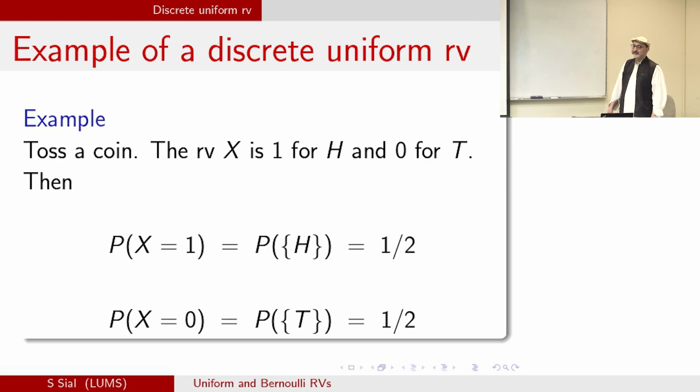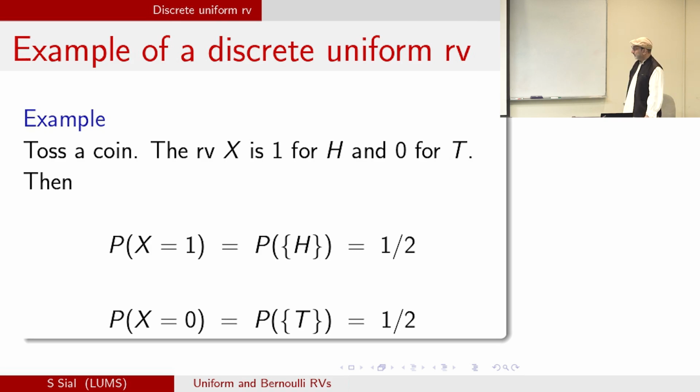What's the probability that you get an h? Let's assume that the coin is fair. 1/2. Okay, what's the probability that x takes the value 0? That's the probability of getting a t. For a fair coin, the probability of t is 1/2.